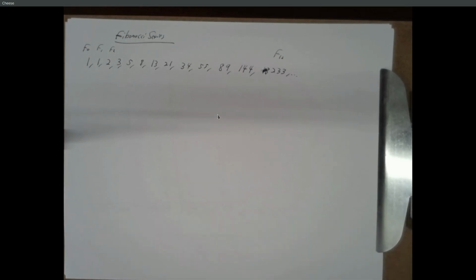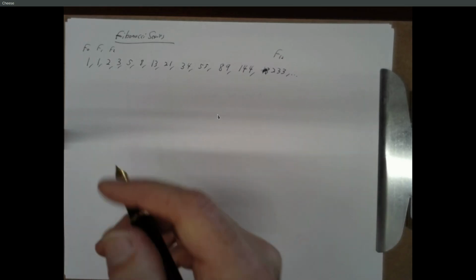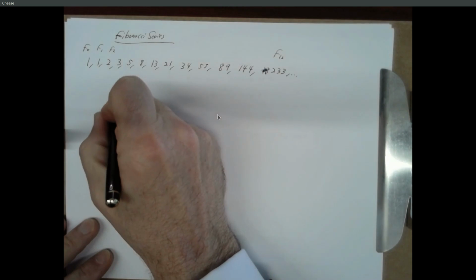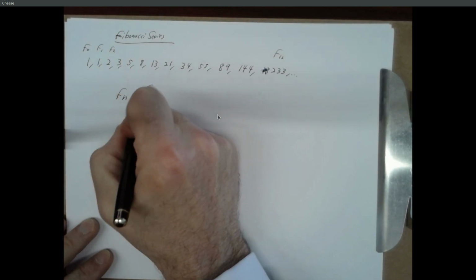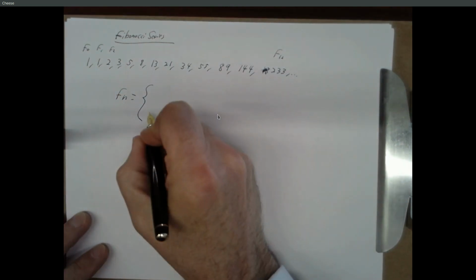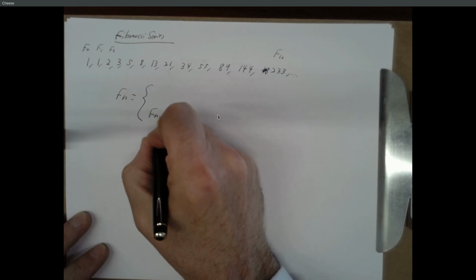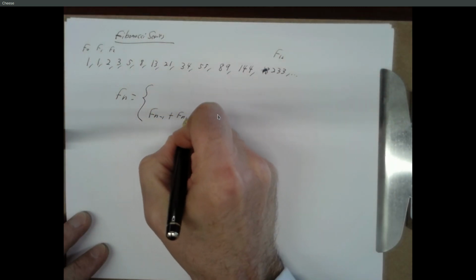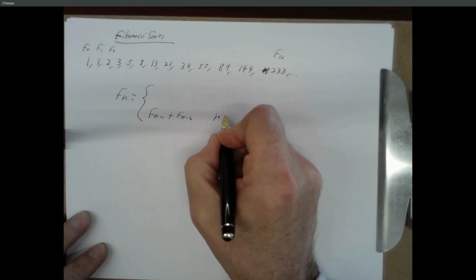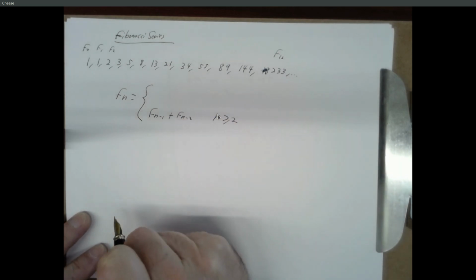All right, well, we can define this Fibonacci series as follows. The nth Fibonacci number is f(n-1) plus f(n-2), and that's if n is bigger than or equal to 2.